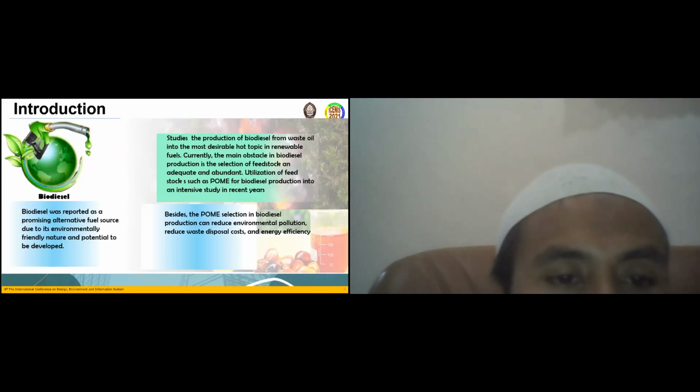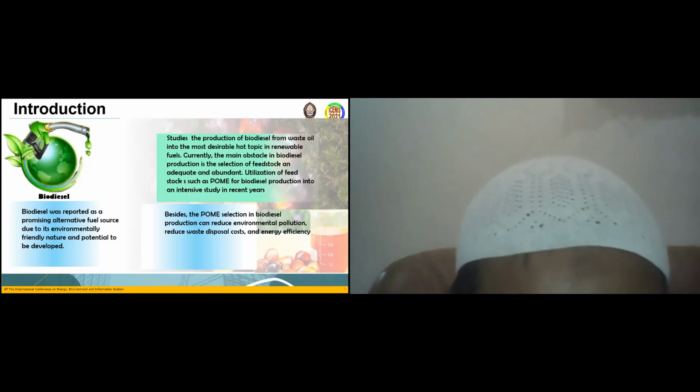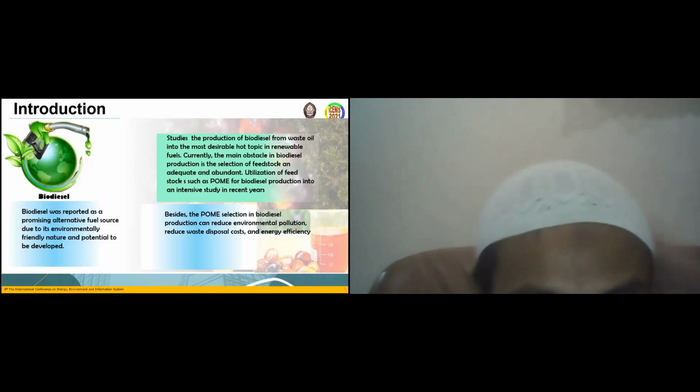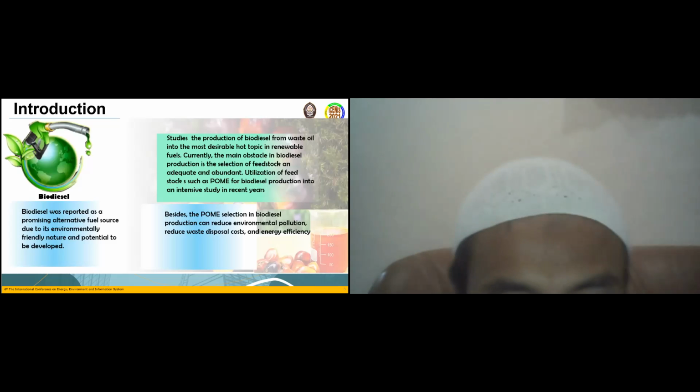Biodiesel was reported as a promising alternative fuel source due to its environmentally friendly nature and potential to be developed. Besides that, the fuel does not harm the environment because it has fewer gas emissions.